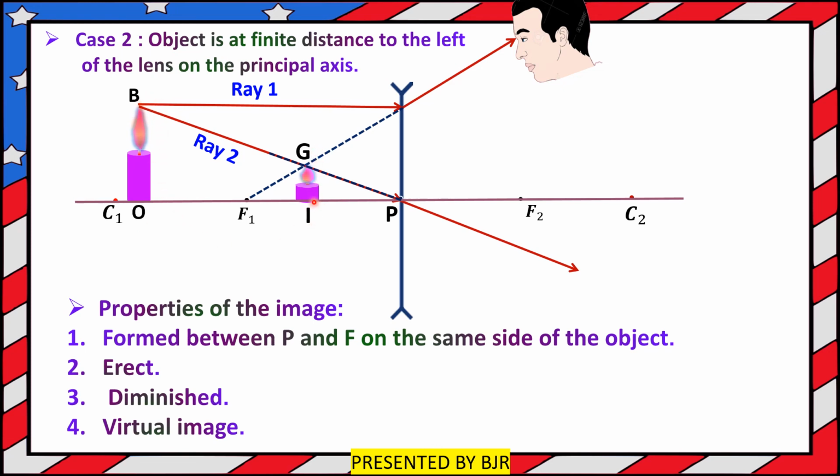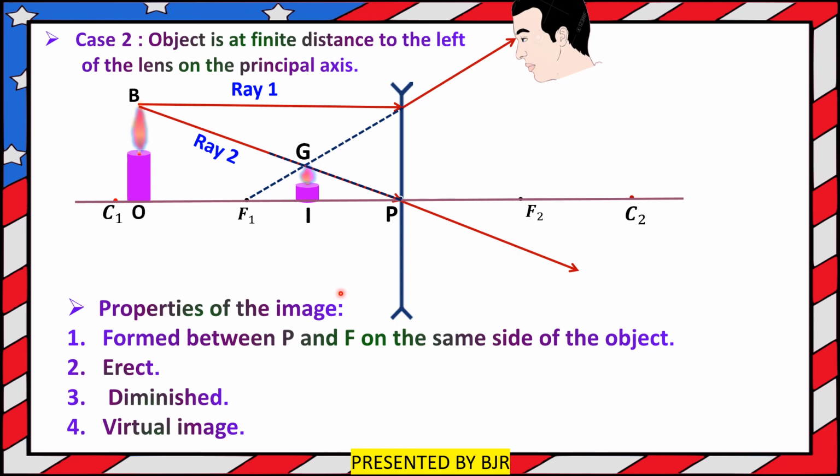The size of the image is smaller than the size of the object, and this one is a virtual image, because this image has been formed due to the crossing of the extensions of the two rays backwards. That's why the image formed is a virtual image only, and this virtual image cannot be caught on the screen. It can be seen by this observer only.